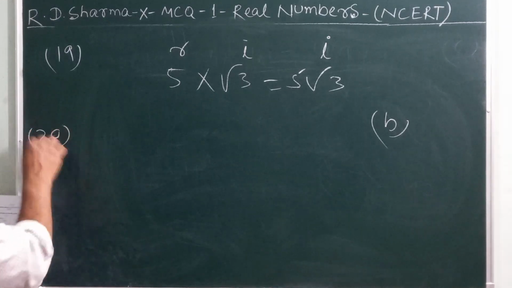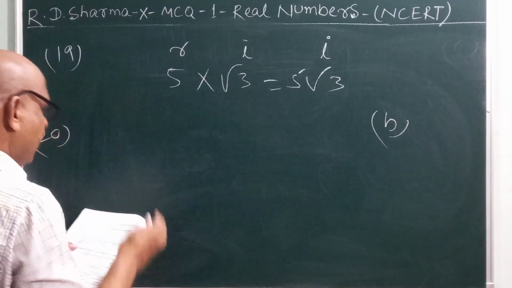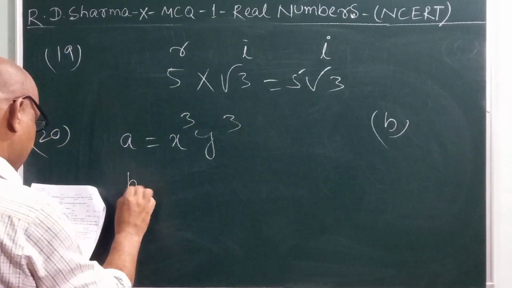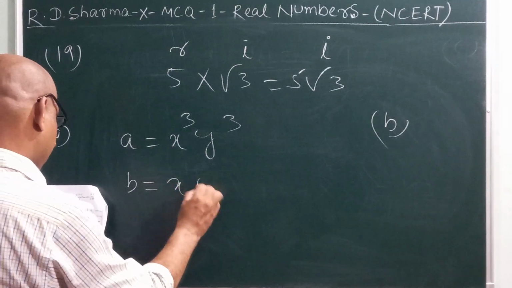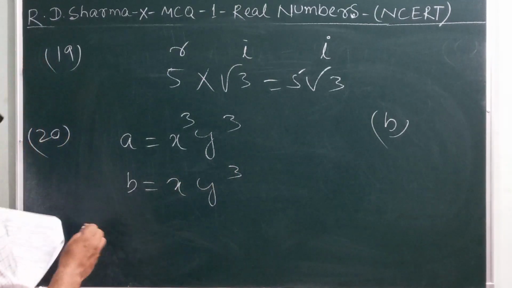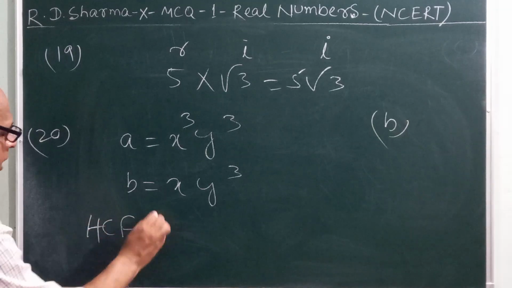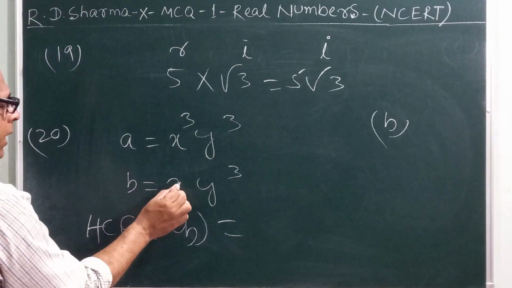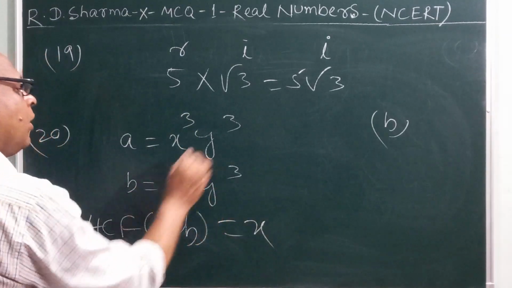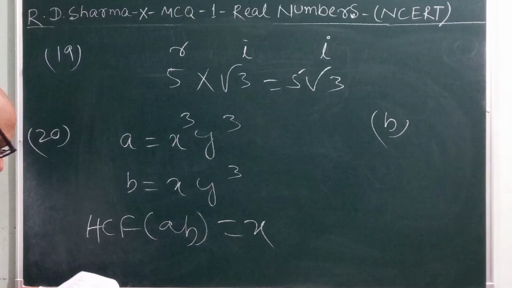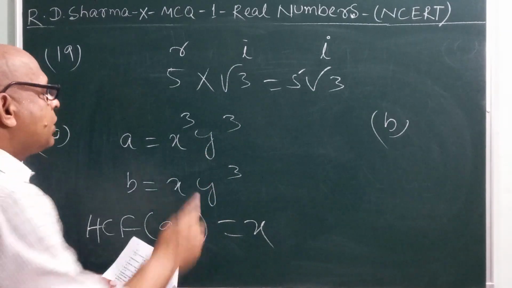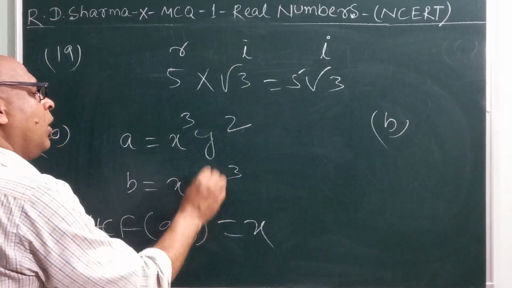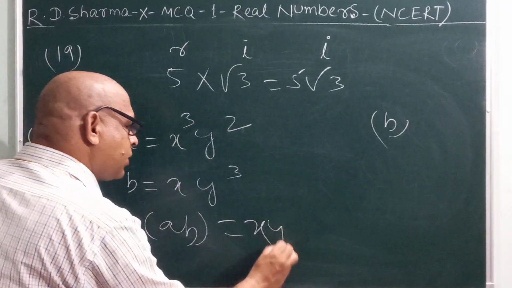Next, 20. HCF of A equals x cube y square and B equals x y cube. For the HCF we take the smaller power of x and y. The smaller power of x is 1 and of y is 2, so the answer is x y square.